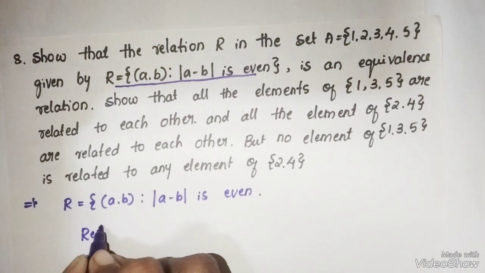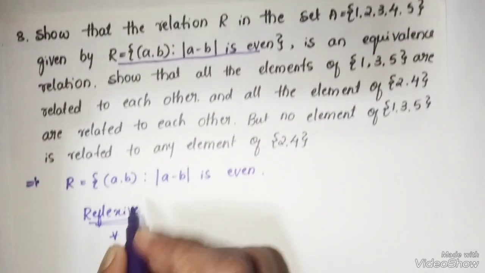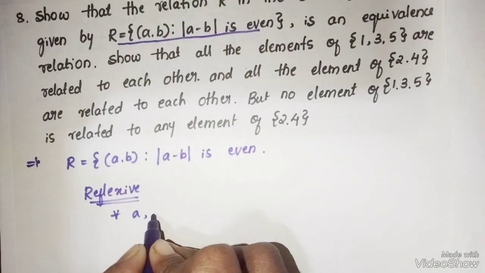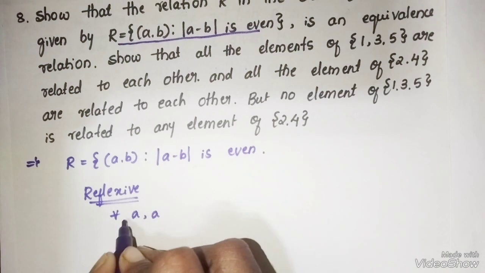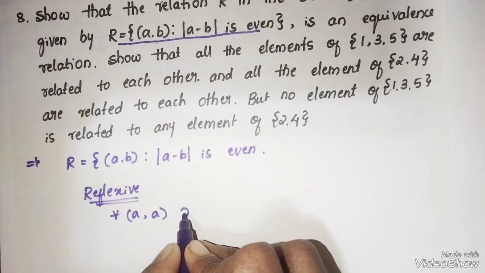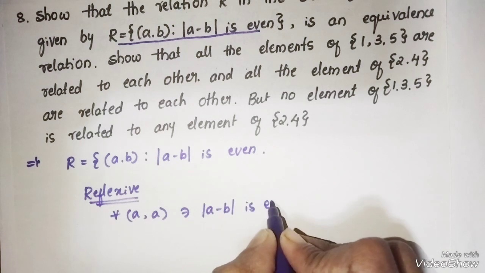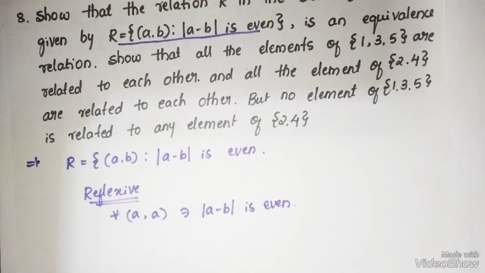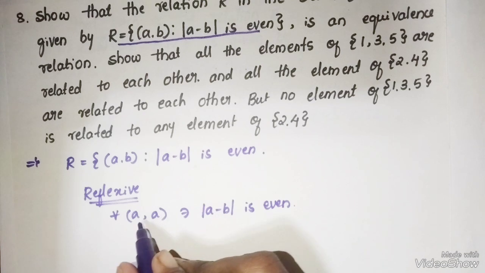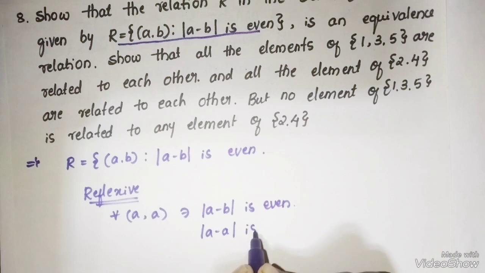For the reflexive condition, for every (a, a), a minus a is even.